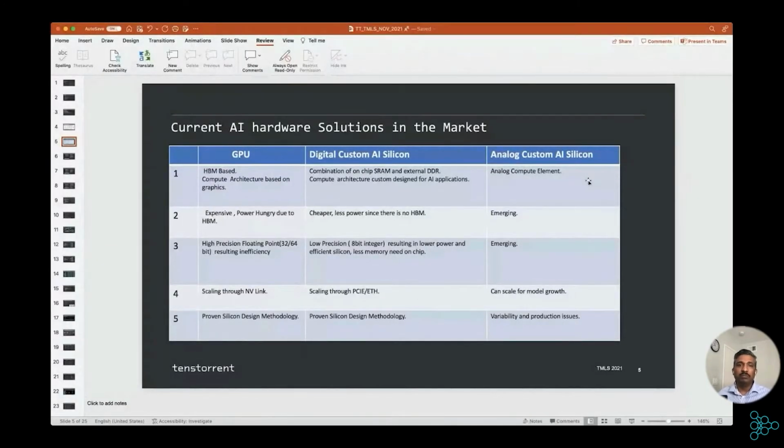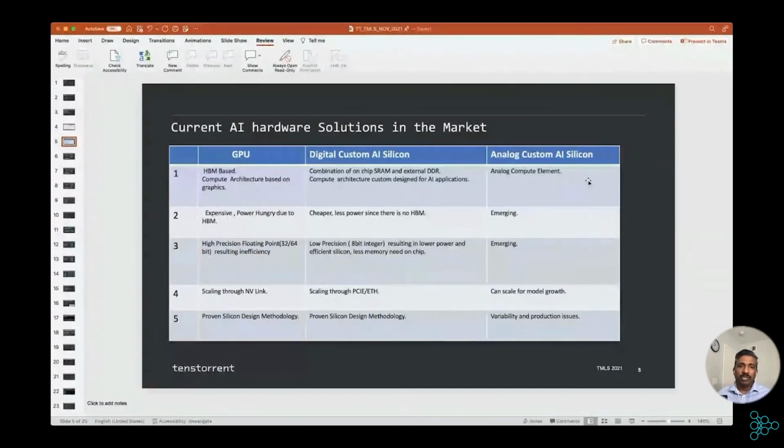But if you look at the custom AI silicon approach, this is basically making sure that the architecture has the right amount of SRAM, and if required, it can go to DDR. But more than that, the compute architecture is really designed for AI applications. It's not just a general purpose ALU. You look at exactly how the ML workloads, what kind of compute it needs, and the floating point unit inside these architectures typically have the right architecture for custom for AI applications.